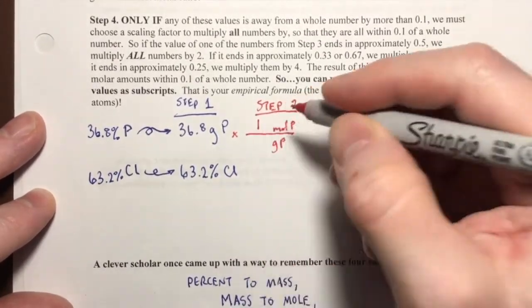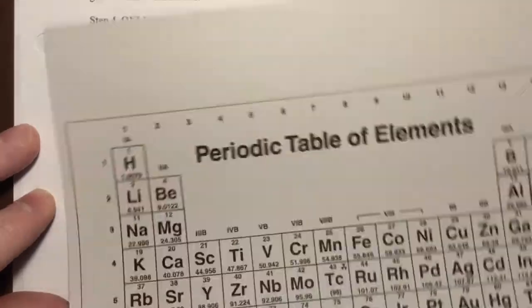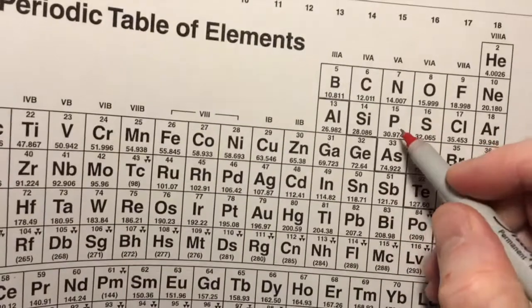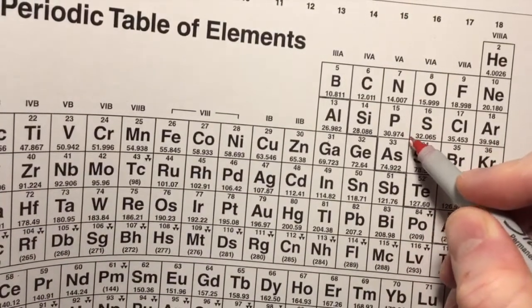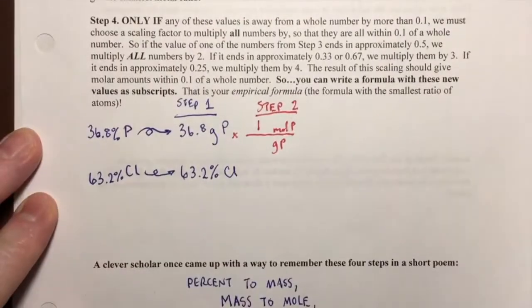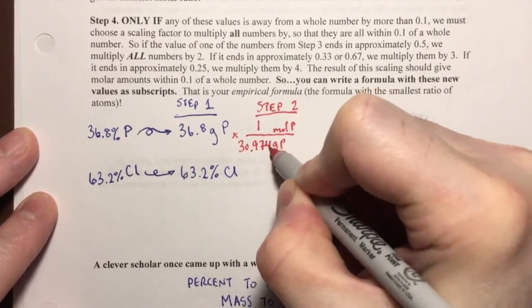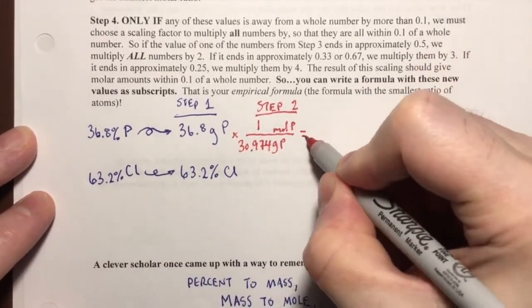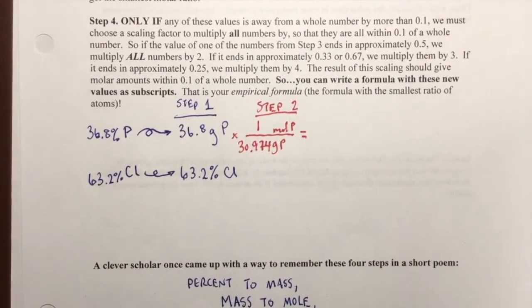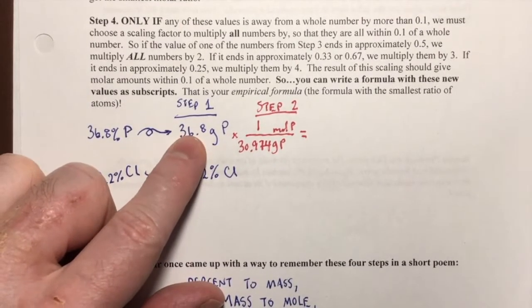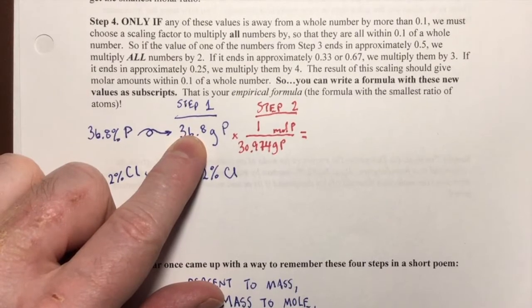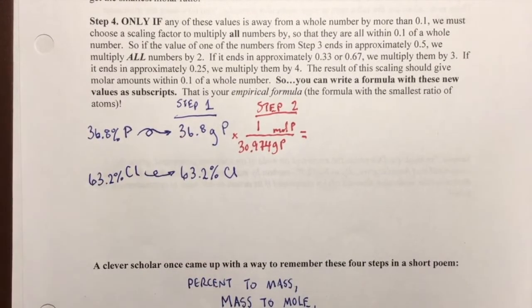So 1 mole of phosphorus weighs how many grams? Our periodic table tells us 30.974. All right, and now we get our calculator and do that math. Rounding to 3 sig figs, the answer is 1.19.